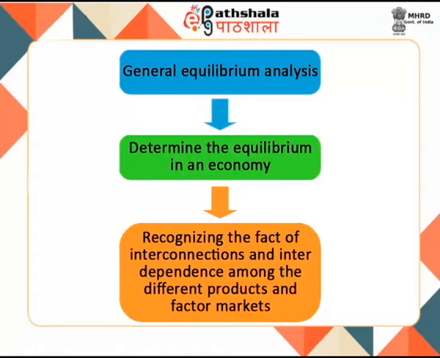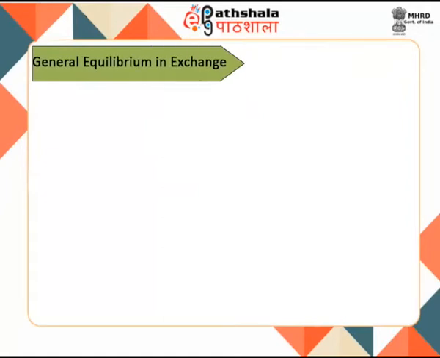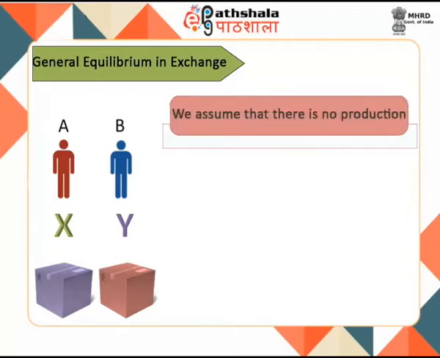In this section, we examine general equilibrium of exchange for a very simple economy composed of only two individuals, A and B, and two commodities, X and Y. In this exchange system, we assume that there is no production.